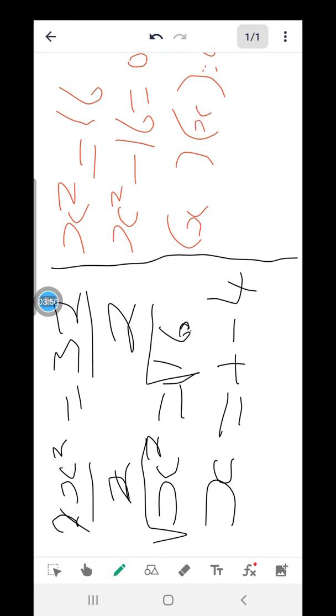Don't mind my handwriting. You know it's 16, right? So x squared minus 16, obviously you must have x squared and minus 16. So obviously 16, you're going to say 4 by 4.